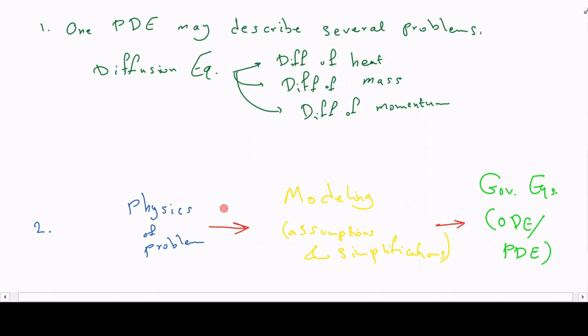And our job is to write that in the language of mathematics, and that's the modeling part, in which we usually make assumptions and simplifications, and at the end we end up with some governing equations which usually show up as ordinary differential equations or partial differential equations.